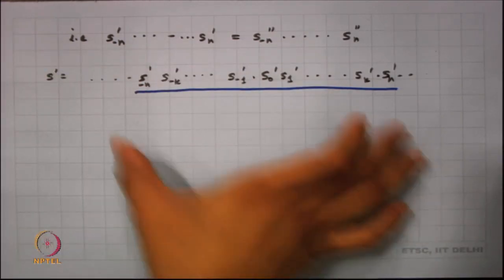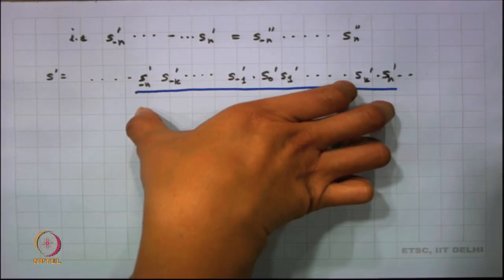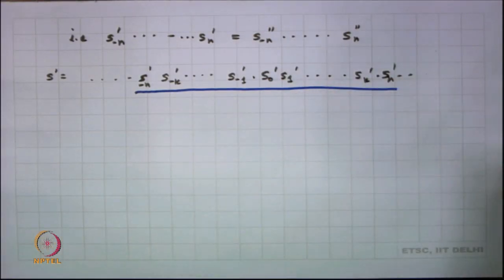So, this particular block of length 2n plus 1 would be lying at some place in S. We do not know what that place is, but at some place in S, this block also exists. So, we find an n.